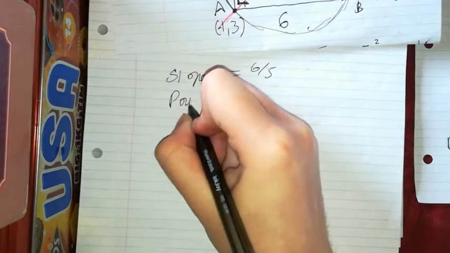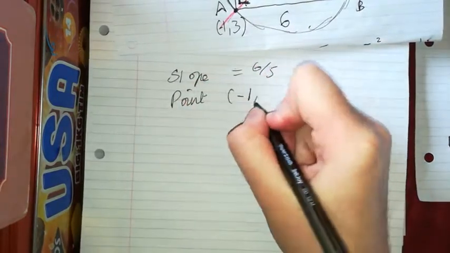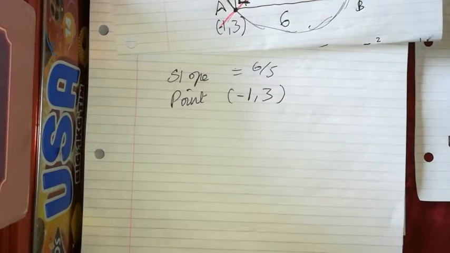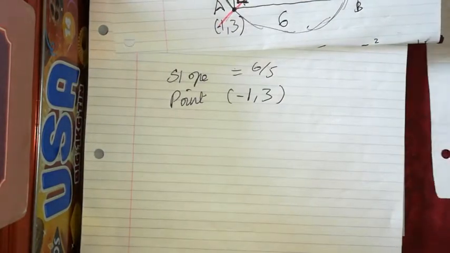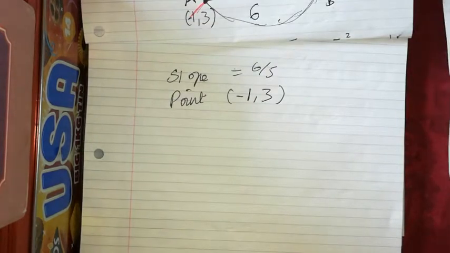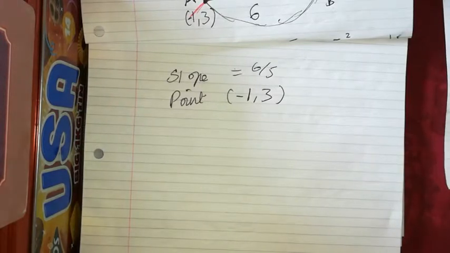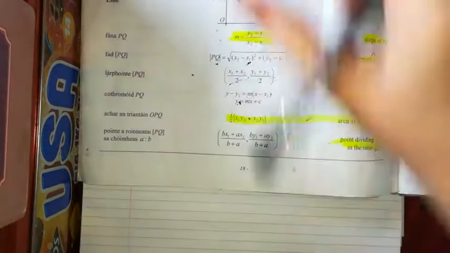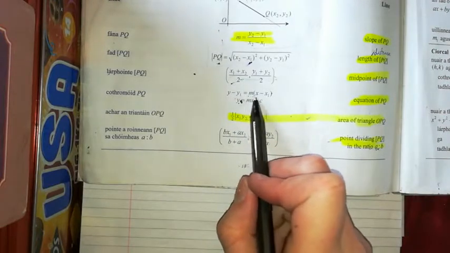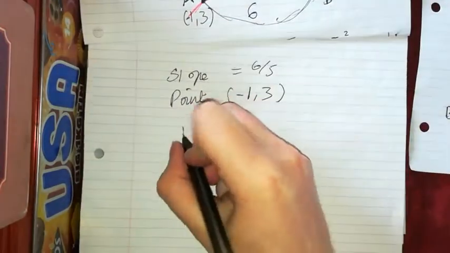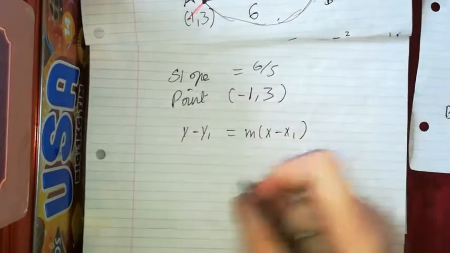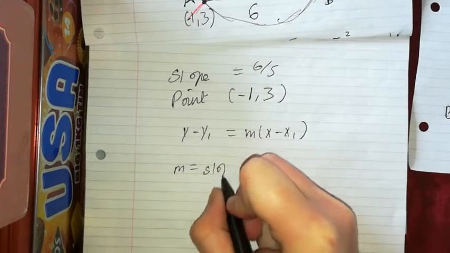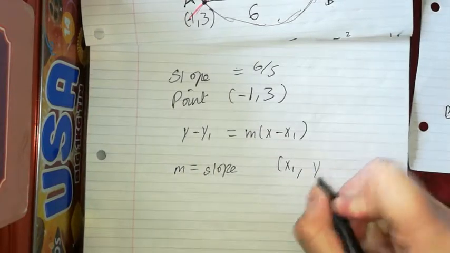So the slope of this line is 6/5. A point that we know it goes through is A, so that's minus 1, 3. The formula for the equation of a line is y minus y1 is equal to m times x minus x1, where m is equal to the slope and x1, y1 is the point that it goes through.